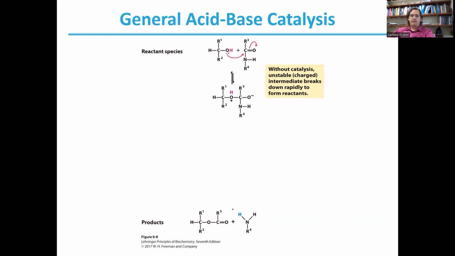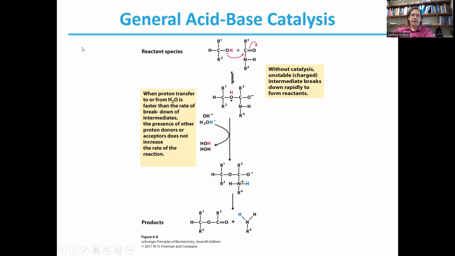So without catalysts, we react our alcohol and we end up with this charged intermediate that is actually more likely to just break apart and reform our reactants rather than reacting to form our products. So what our enzyme needs to do is help stabilize that intermediate form specifically.